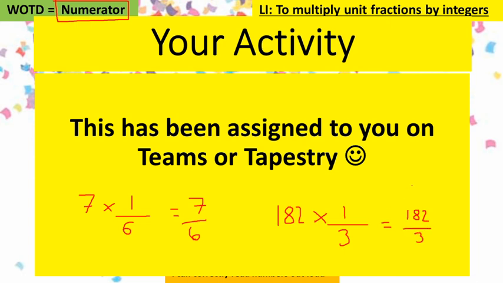I said I wasn't going to make it into a mixed number, but I shouldn't have practiced. So how many 3s in 182? 6 threes is 18. There's no 3s in 2. So that becomes 60, remainder 2/3, which means we've got 60 wholes and 2/3. So we did make it into a mixed number. But remember, only the numerator changes.